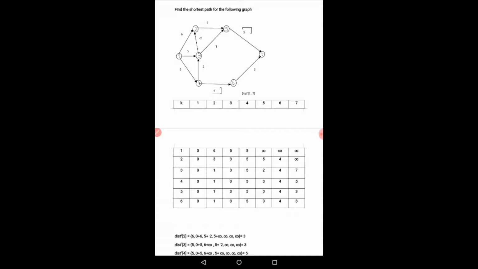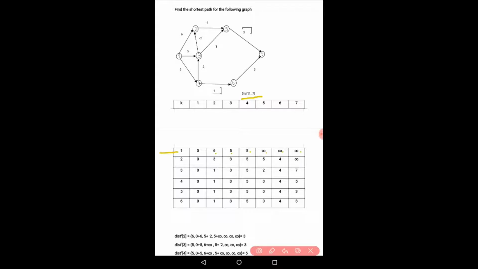First we start by filling this value. Each cell means the distance to a vertex using k edges, and here the row's k value is 1, meaning one edge. We fill in the distance from the source node 1 to each of the vertices using one edge.